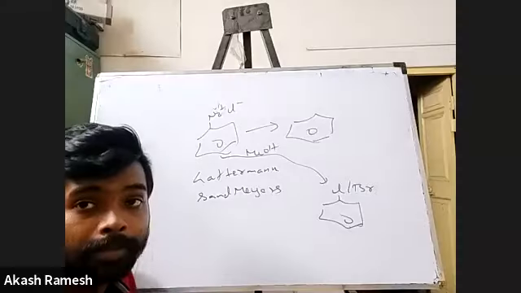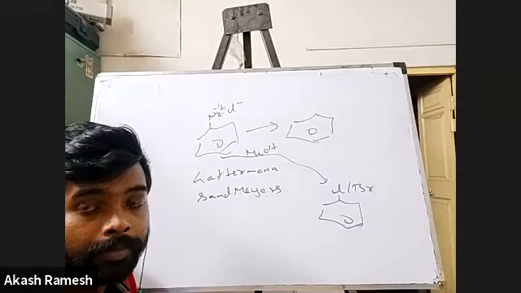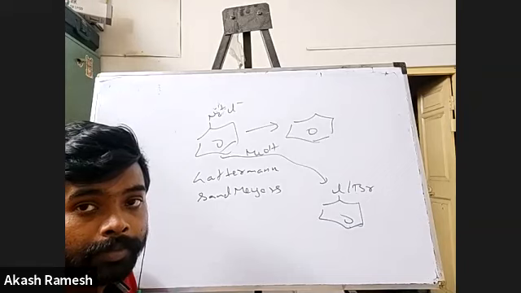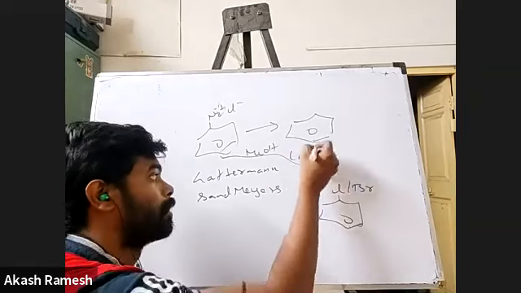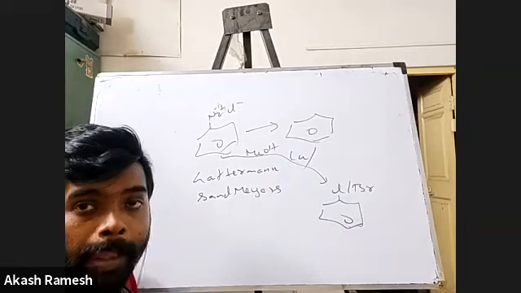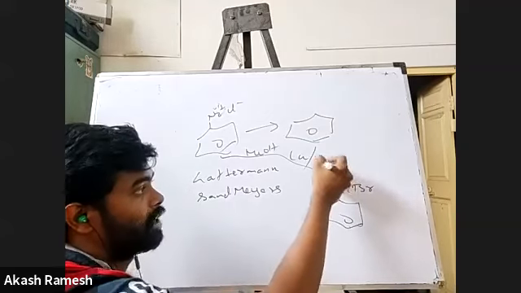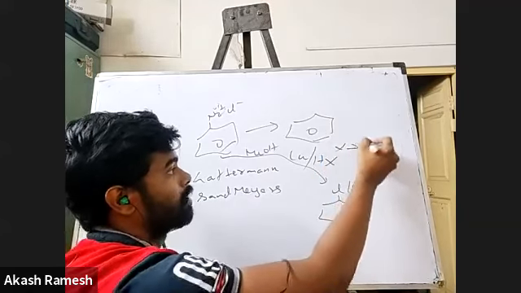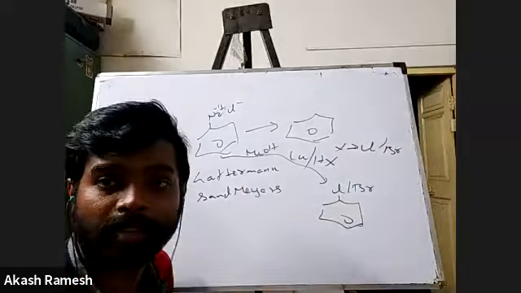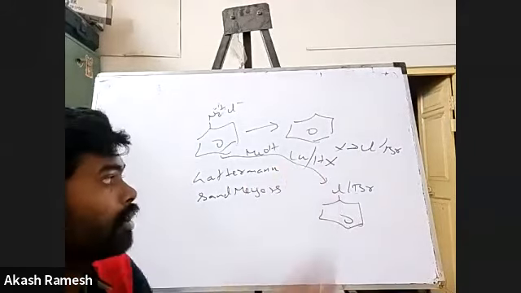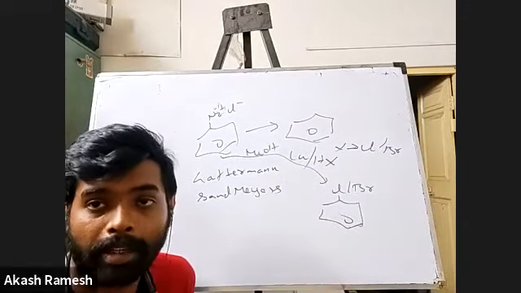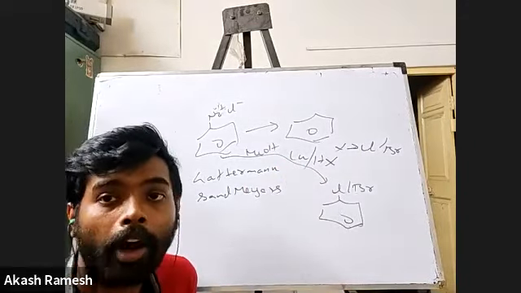Copper powder, with halogen acid. When you use HX, X can be either Cl or Br. So Cu in the presence of HCl or HBr, you will end up with chlorobenzene or bromobenzene, and that is Gattermann.